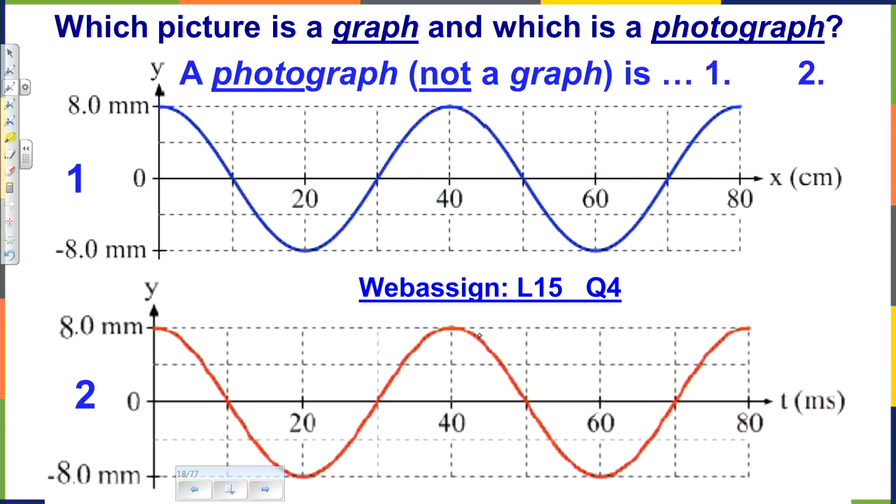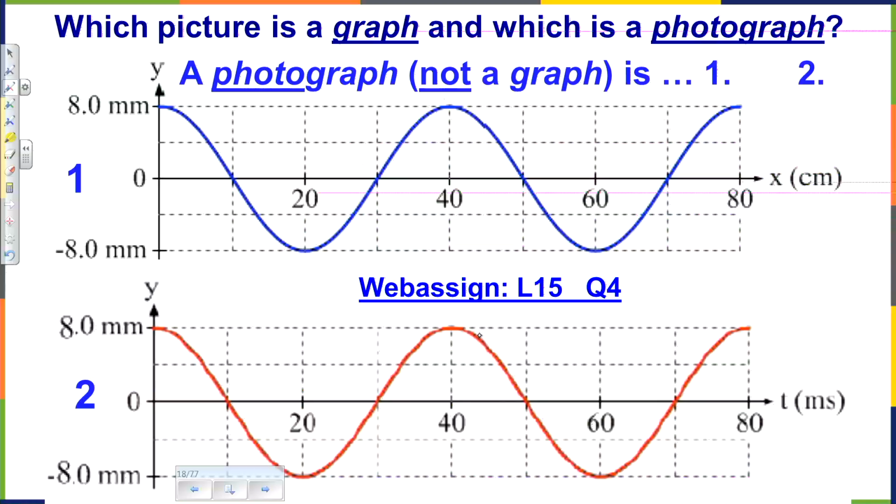In math class, we call them graphs. But in physics class, only one technically is a graph, but another is a snapshot of a wave, a photograph. A graph is an abstract representation of something happening. A photograph, well, it's an actual object. We can print it out.